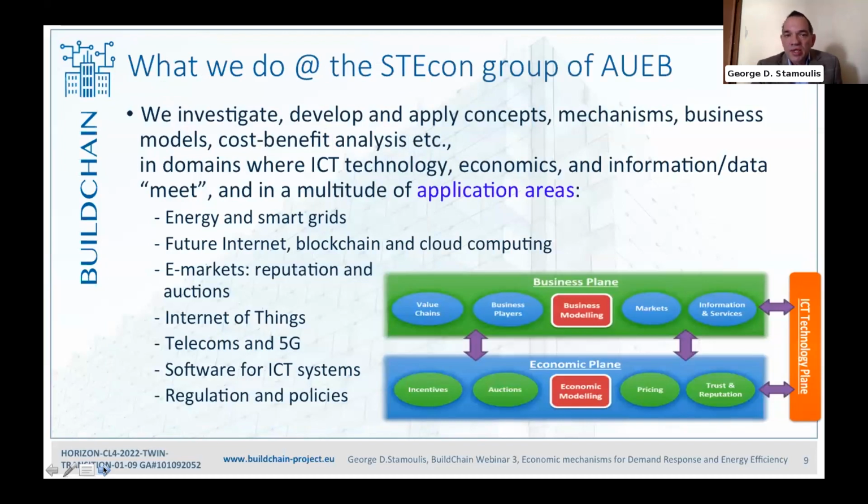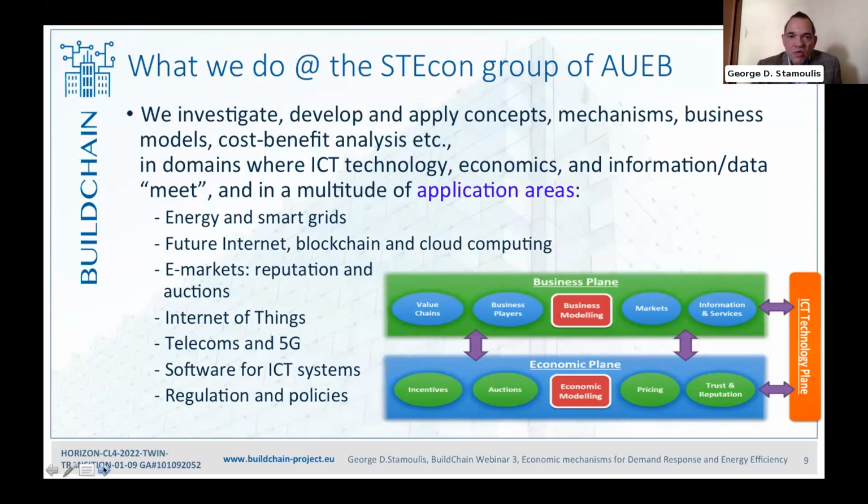So, in the Services, Technologies, and Economics group of AUEB, what we do exactly is that we investigate, develop, and apply concepts and mechanisms in the areas where ICT technology, economics, and information distribution meet.